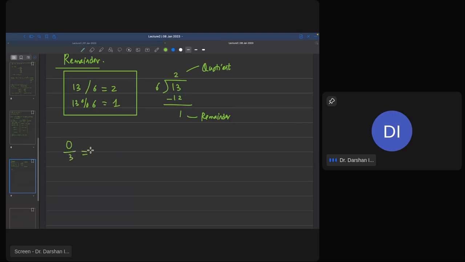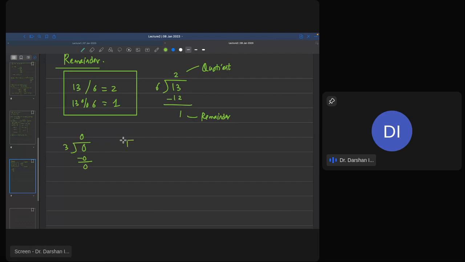0 divided by 3 is 0. Wait a minute, I'll write it specifically. 0 divided by 3: 3 zeros are 0, so this is the quotient and this is the remainder. Do you understand this?